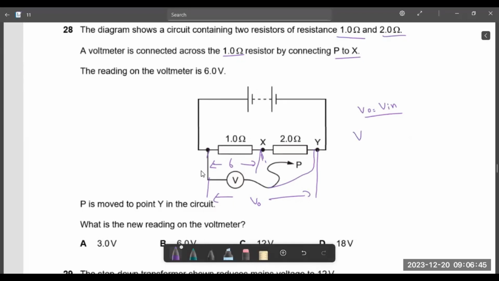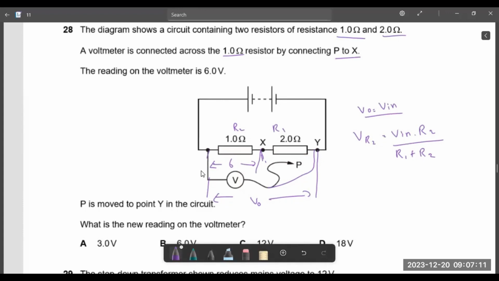We can apply the voltage divider rule. This is considered as R2, this is considered as R1. So VR2, the voltage across this resistor, will be equal to V input into R2 by R1 plus R2. Here we need to find V input.